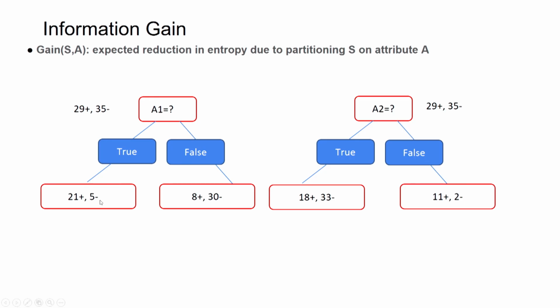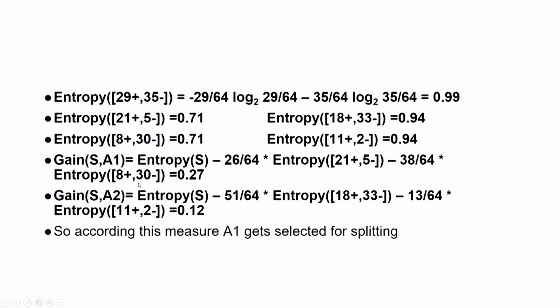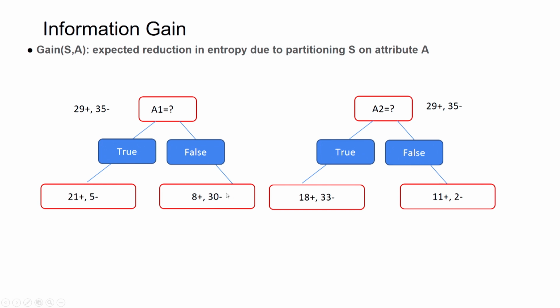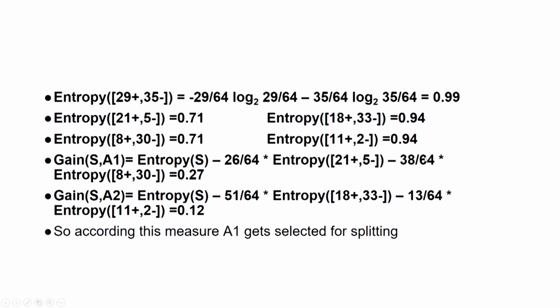So, 26 upon the total number of instances in this node, that is 64, into the entropy of this left node, minus 38 upon the number of instances in this node, into the entropy of this node.